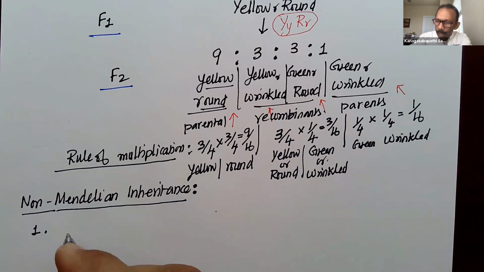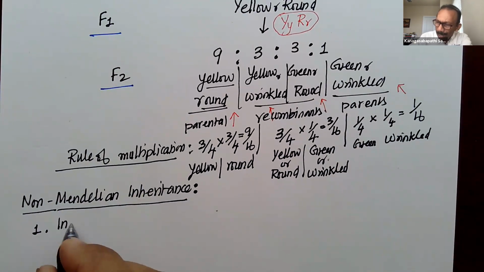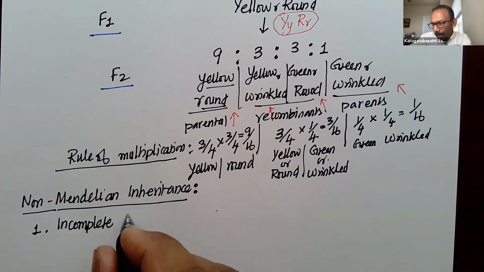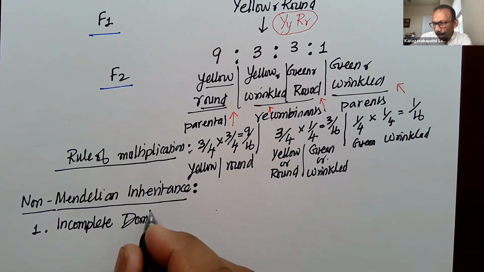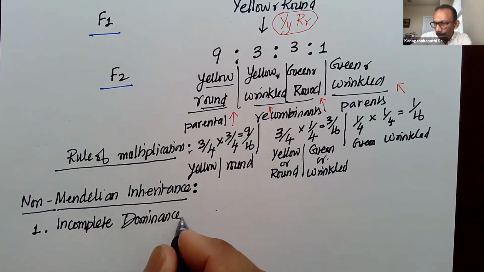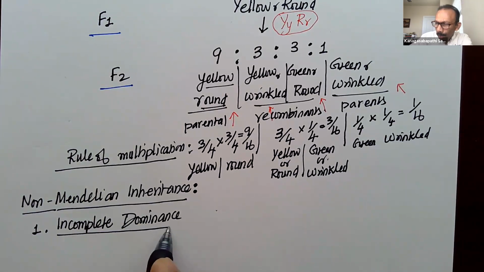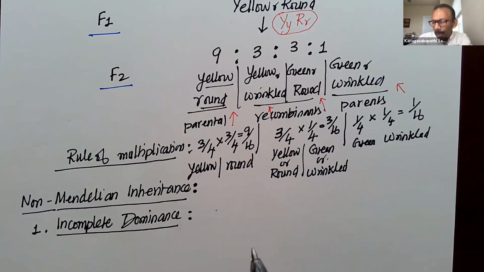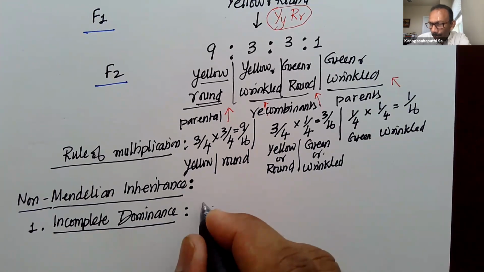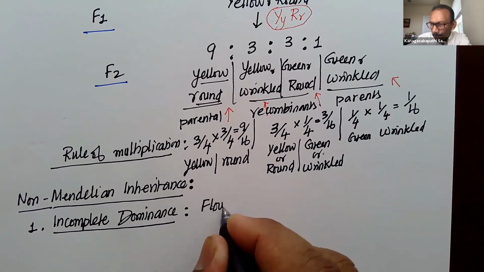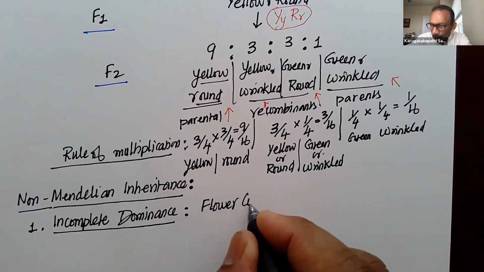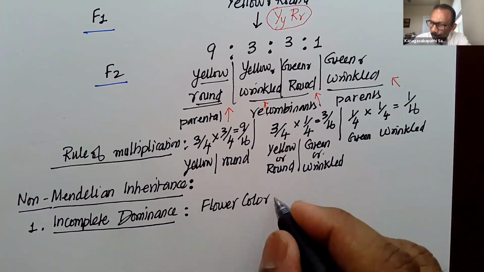Number one is incomplete dominance. Here, one characteristic is not dominant over the other characteristics. Take flower color in snapdragons and carnations, and many others you would find.